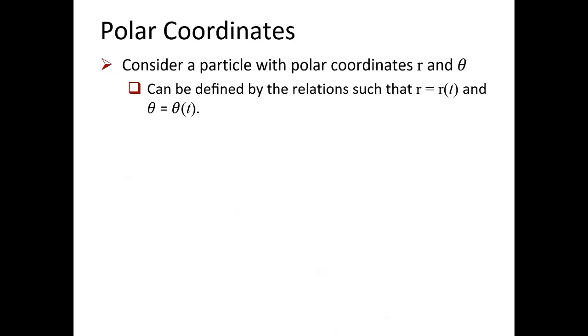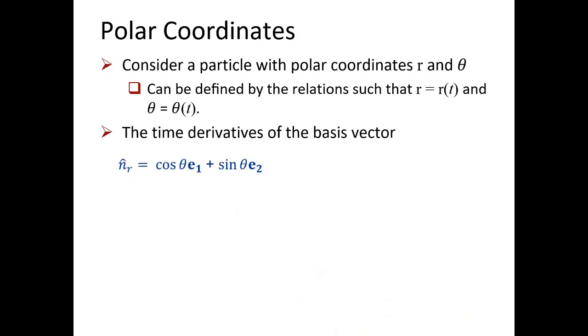Now, consider a particle moving in a polar coordinate system, the r and theta system. n hat r is, as we just looked at, cos theta e1 plus sin theta e2, and if we take the first derivative, we get d n hat r over dt.